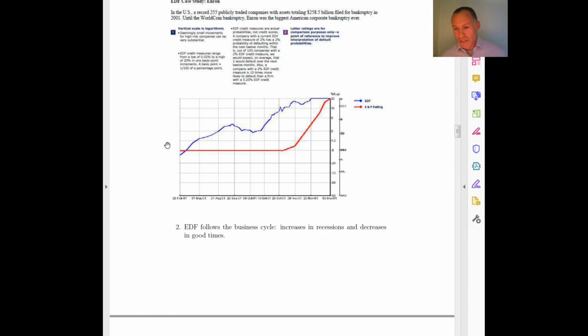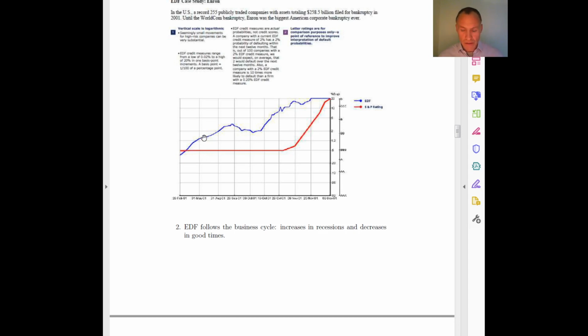So I mean, this is something very impressive, right? So now we have to ask, well, where is the advantage coming from? Why is it that the EDF is so good in capturing the problems at Enron so early in advance, whereas the credit rating agency was basically flat? So the answer is that the advantage comes from the stock market, right?